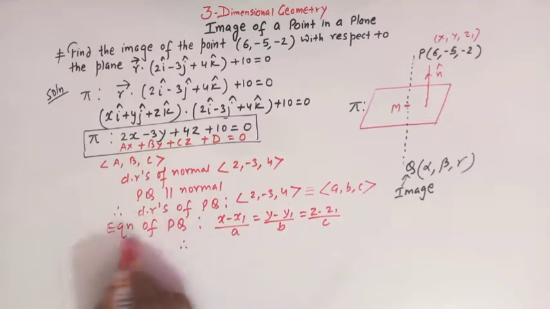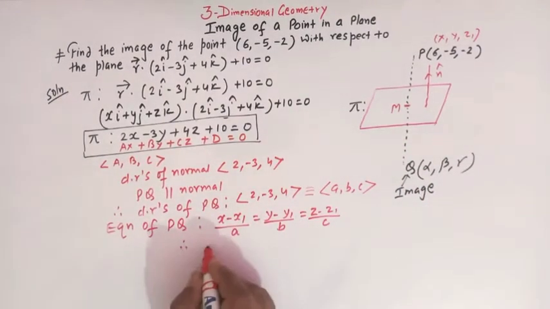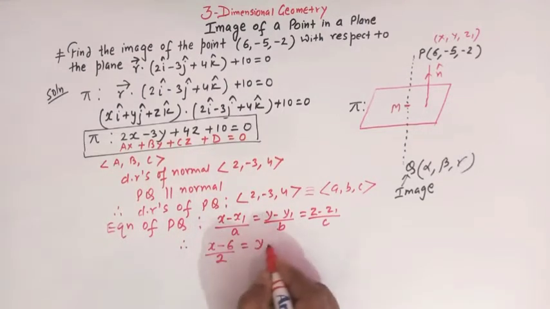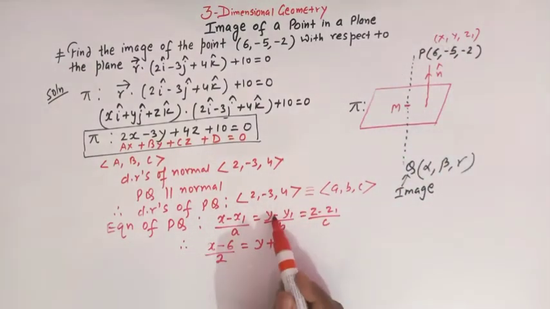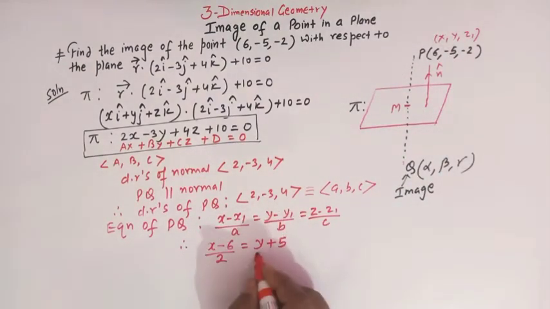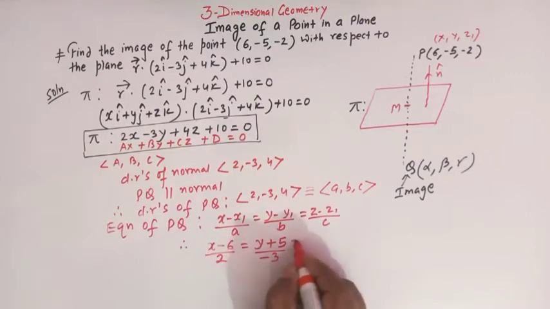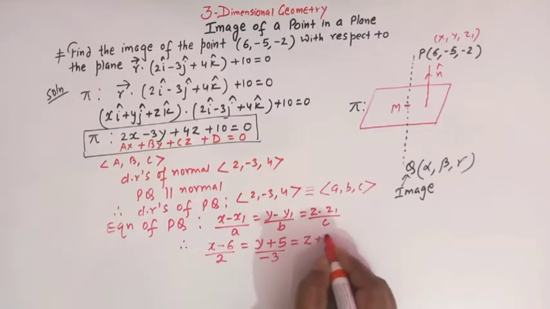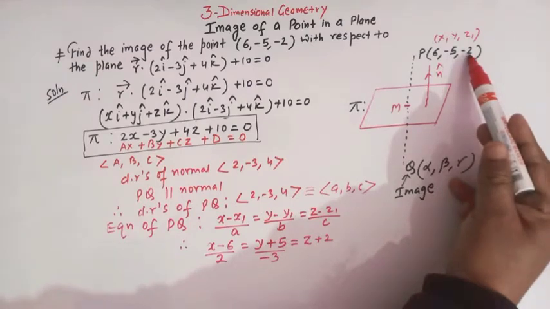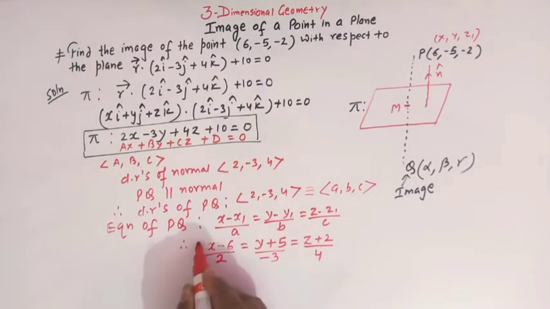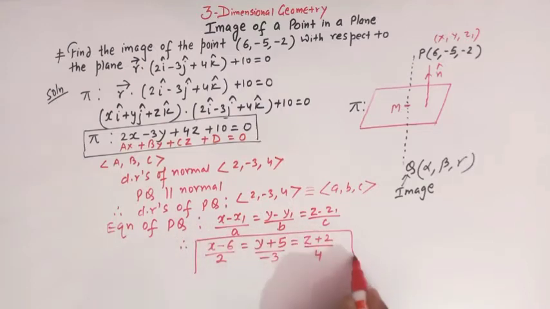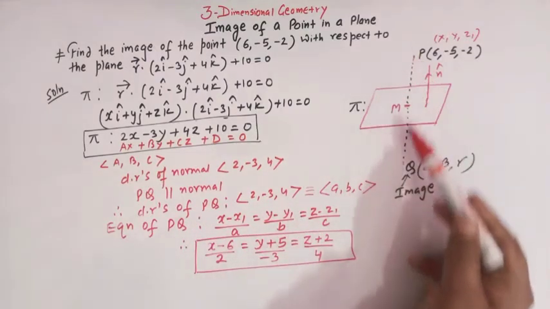So the equation of this line PQ is given by (x minus 6) over 2, then (y plus 5) over -3, because here y1 is minus 5 so minus minus becomes plus, and (z plus 2) over 4, because here we have minus 2. So this is the equation of this line PQ.